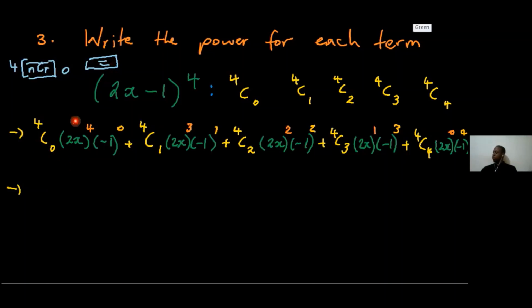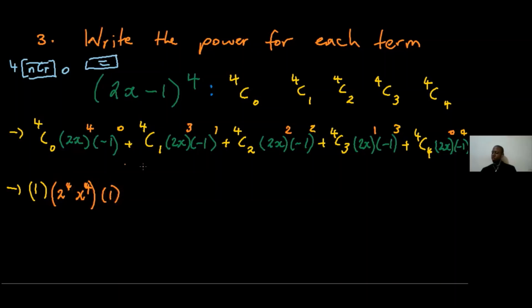All right. So 4 choose 0 here would give us just 1. And 2x to the power 4, both of them are raised to the power 4. So that becomes 2 to the power 4, x to the power 4, and negative 1 to the power 0. Anything to the power 0 is 1.